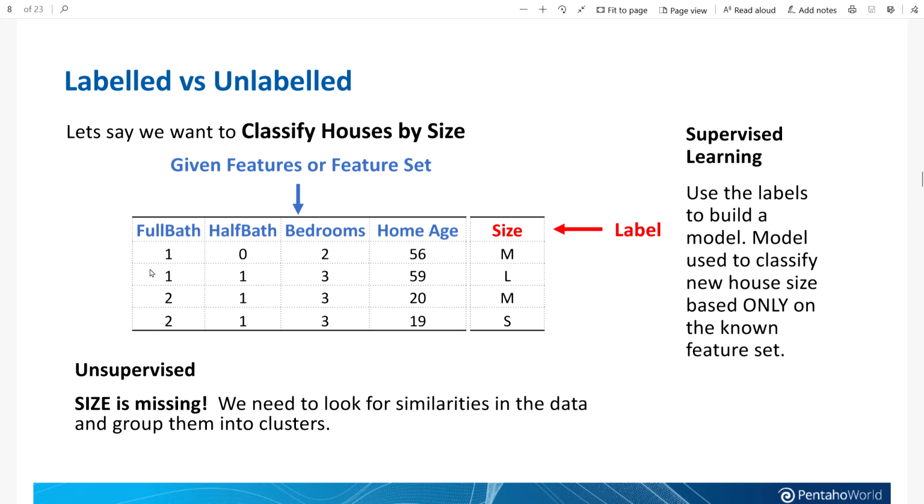Then we come to labeled and unlabeled data. Let's say you want to classify a house by size, given the features: how many bedrooms it has, how many bathrooms it has, and correlating that with home age and size. So these are labeled.